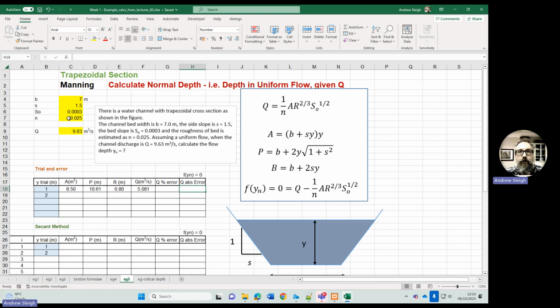Okay, the absolute error is the value of Q that we're targeting as a constant, subtracted from the value of Q from our guess value of y.